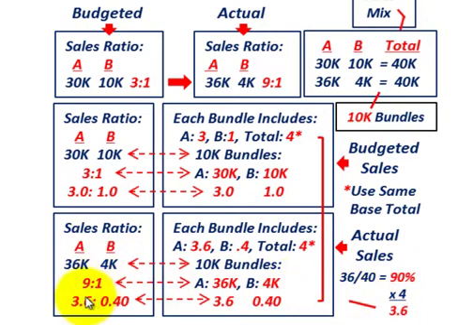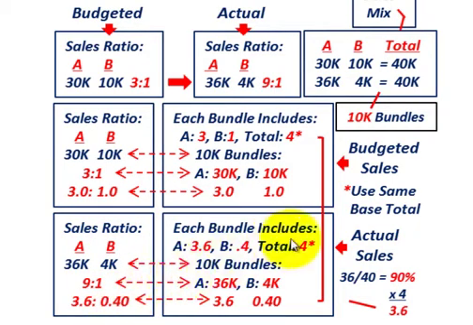So that's how I converted this 9 to 1 over to basically the 3 to 1 ratio. For product A, with the conversion, it's going to be 3.6 instead of 9 for our sales ratio. And for B, it's just 0.40.